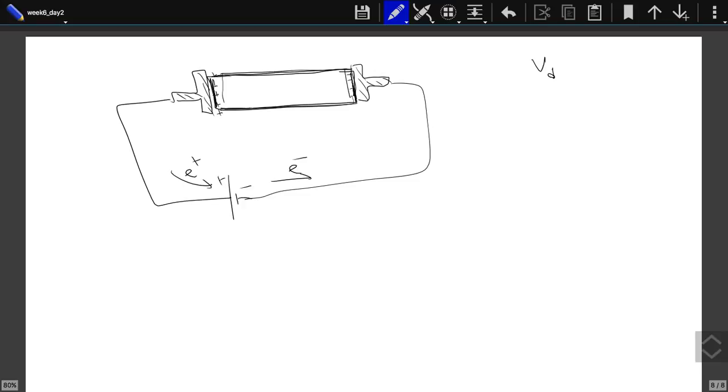And after that point, there is some accumulation of charges at the ends of my conductor, because I connected it to the battery. The electric field is building up, it's increasing. So the drift velocity is increasing and increasing, and it will keep on increasing until the number of electrons that passes through my conductor per unit second, that is the current passing through my conductor, is equal to the current that is delivered by my battery.